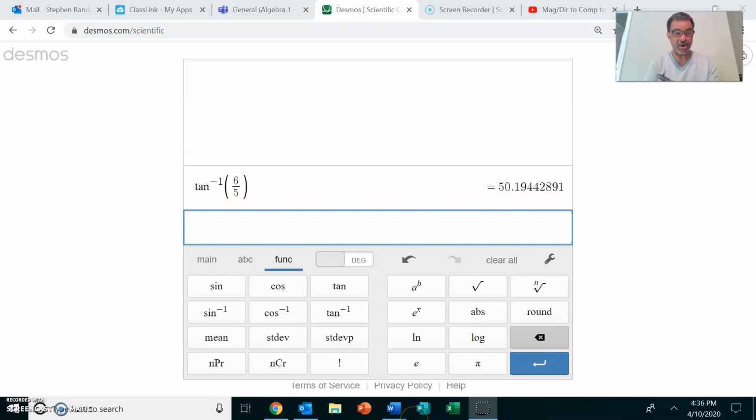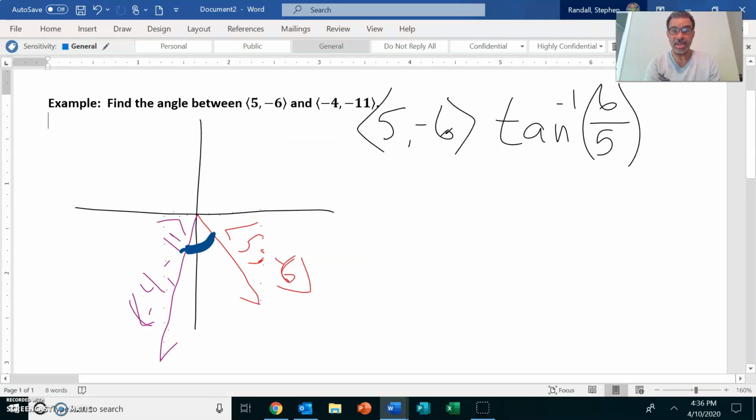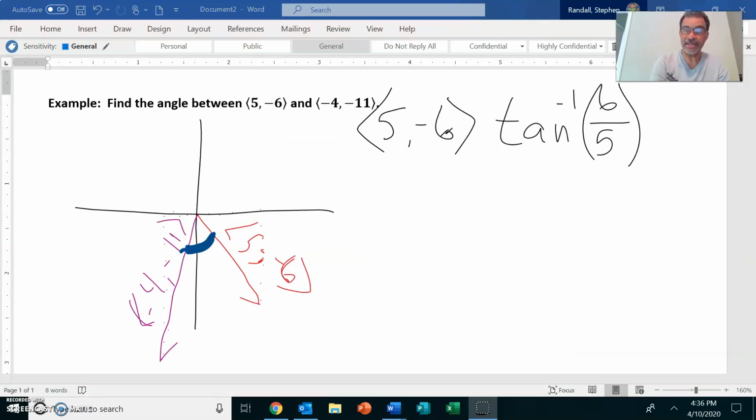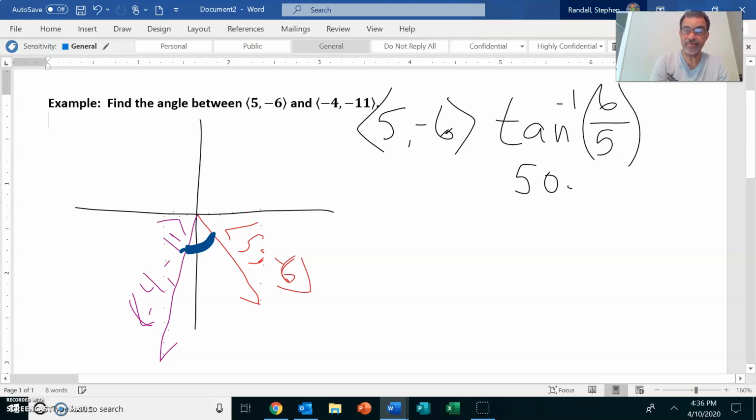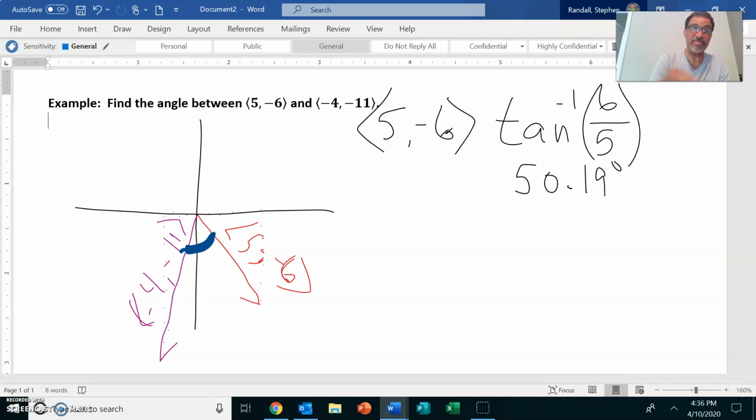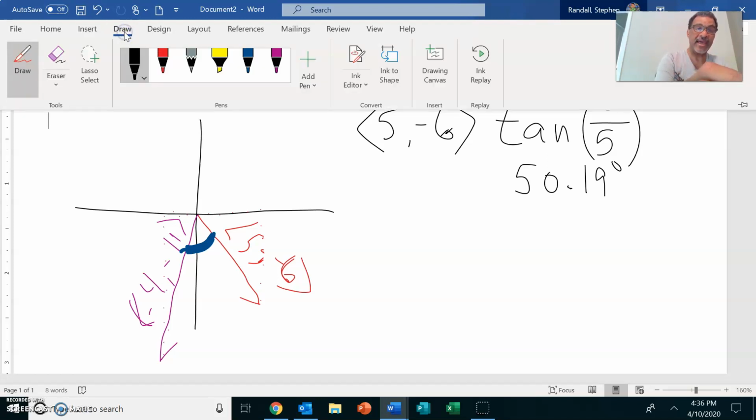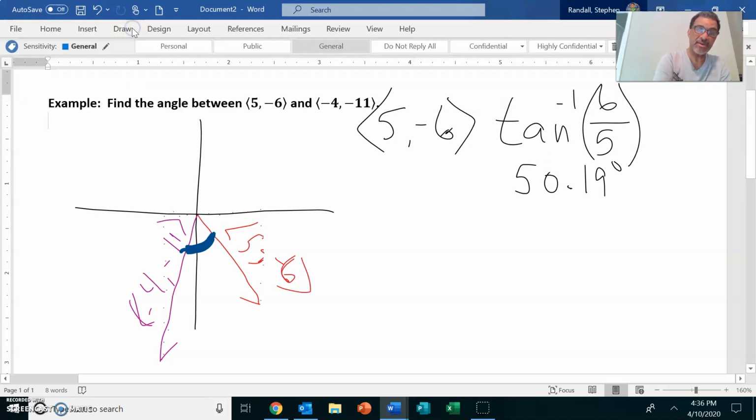Okay, so that would be 50.19 degrees. But that is not the direction, remember, because that angle is the reference angle. That angle is this angle.